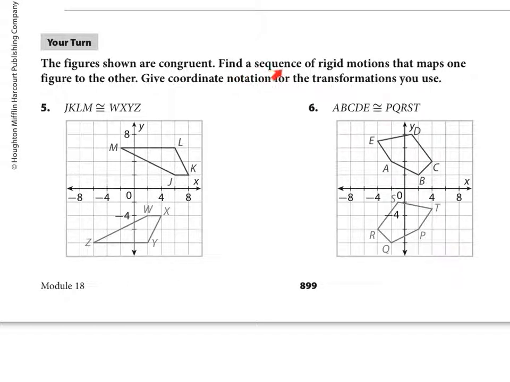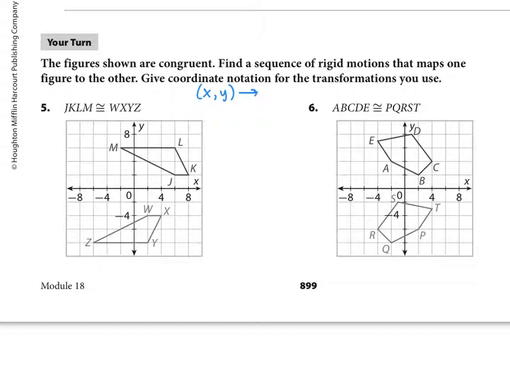And it tells you find a sequence of rigid motions. A sequence means you're going to be doing more than one. And also, it wants you to give coordinate notation, meaning it wants you to give the x comma y with the arrow and then figuring out what the rule is. So make sure you do that when the directions call for it.